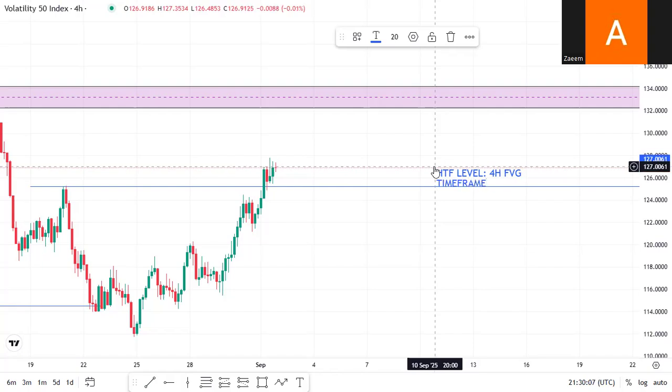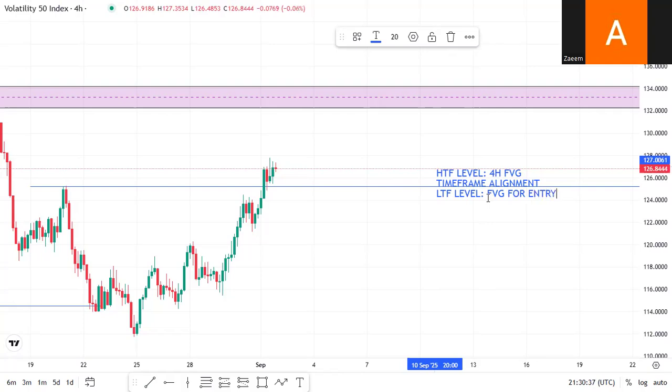Then the third one is the lower time frame level, which I'm using for entry. Since I'm using the 4-hour fair value gap, my lower time frame level should be a fair value gap, typically for entry.